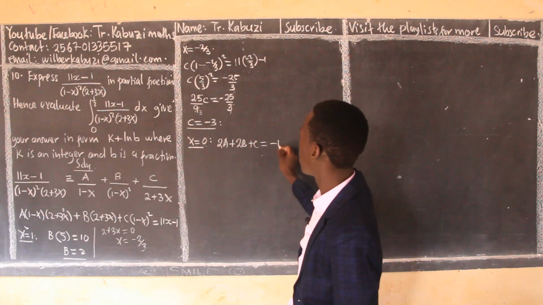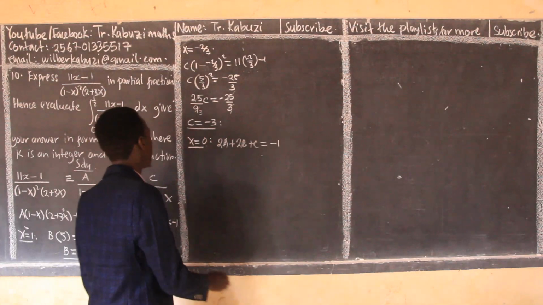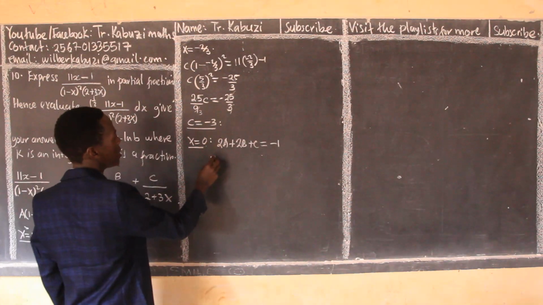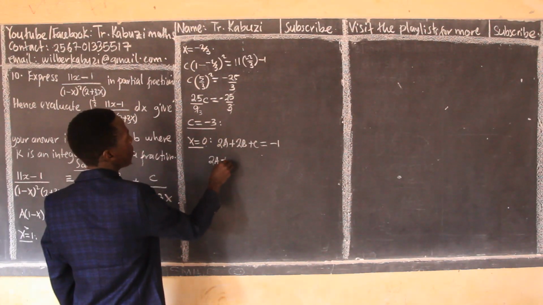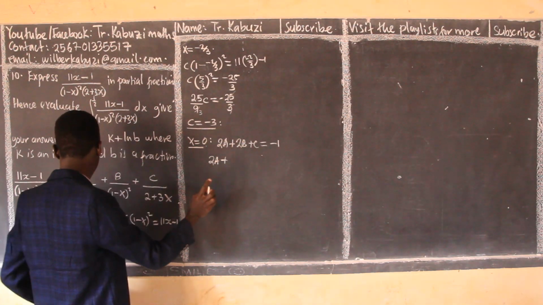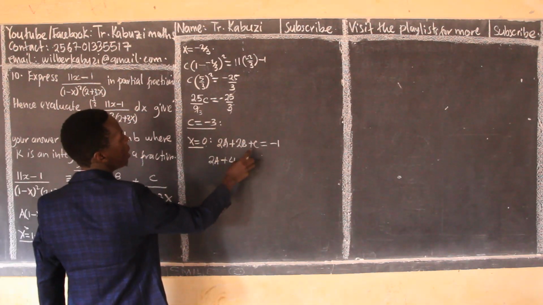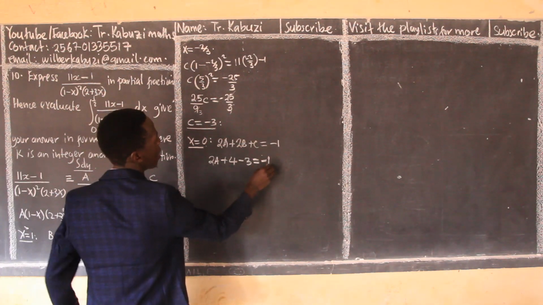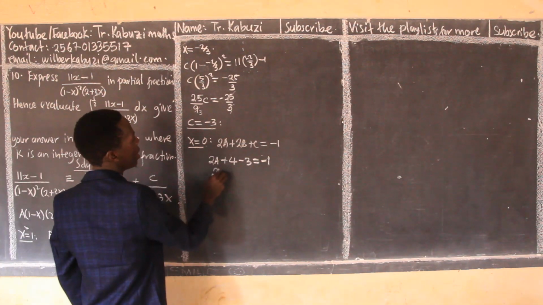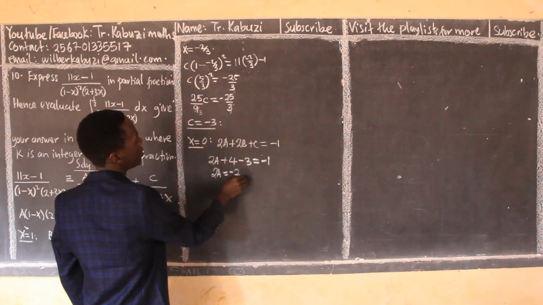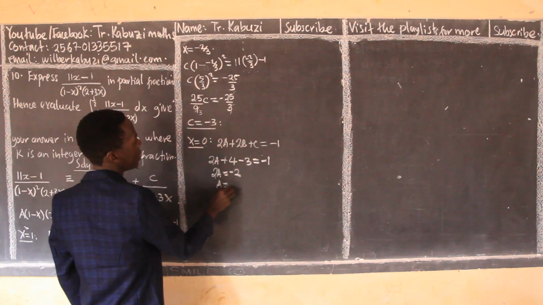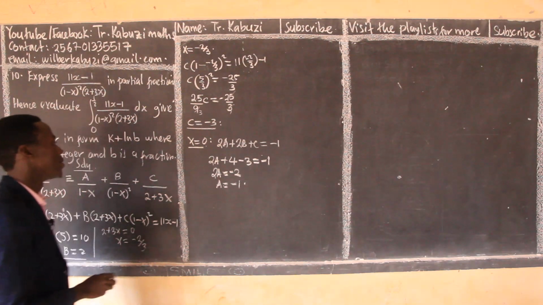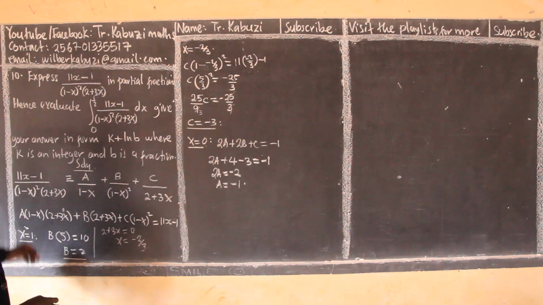equals negative 1. Now that we have the values of C, from here I start my 2A plus, if I put in the B, which is 4, put in the C, minus 3, equals negative 1. So that my 2A equals negative 2. And from there, my A becomes negative 1. So from there, I have to rewrite the whole of this.